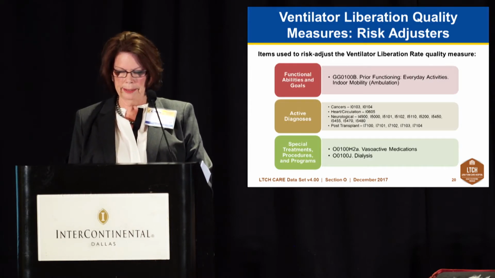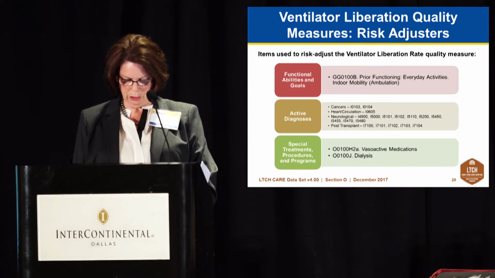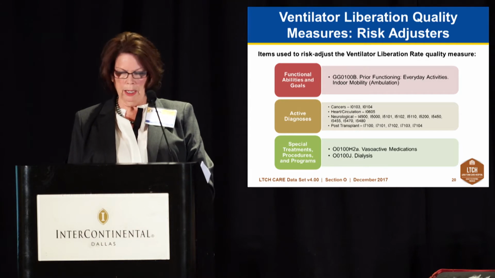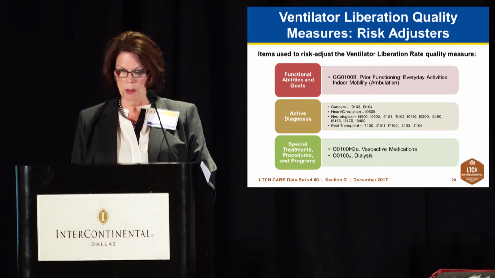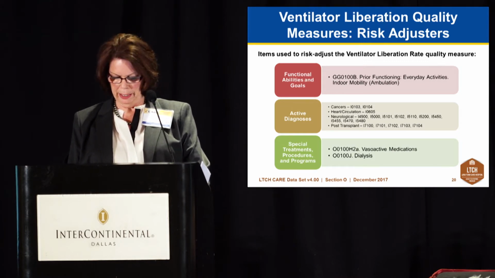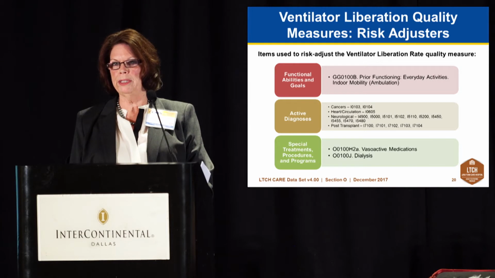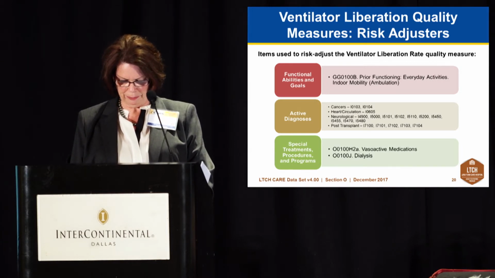The next slide summarizes the risk adjusters for the outcome measure. As you can see, the first category involves the functional abilities and goals, and the risk adjuster is GG0100B, prior functioning, everyday activities, indoor mobility, ambulation.